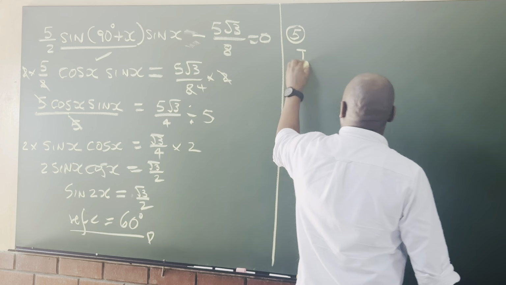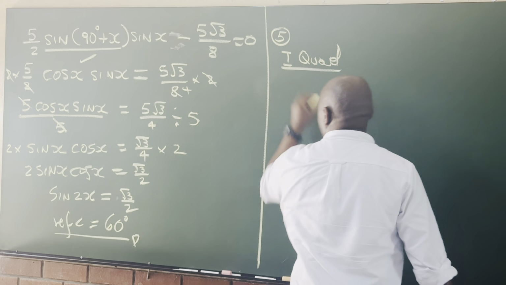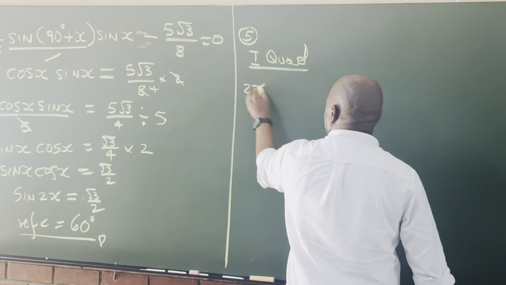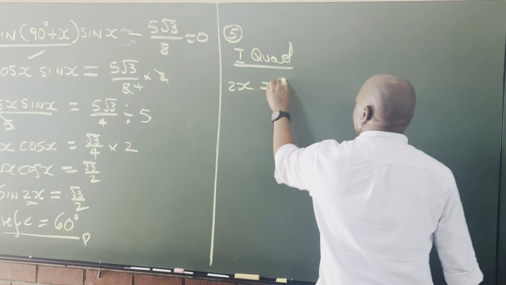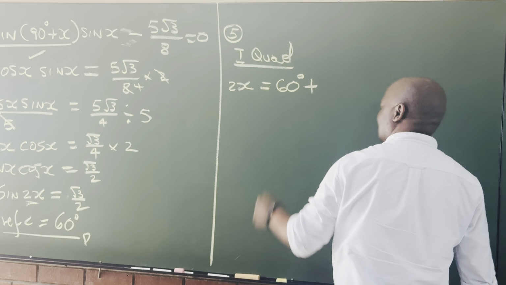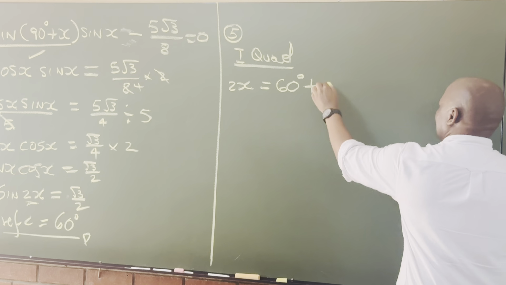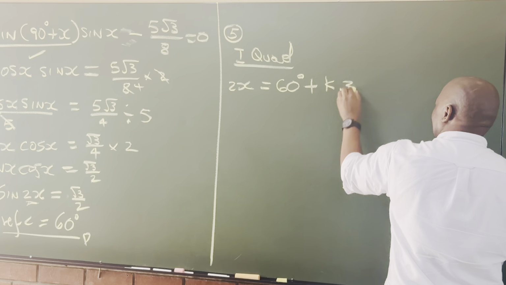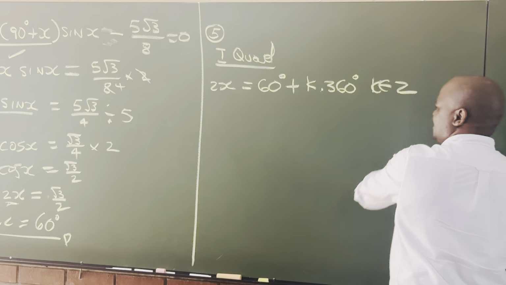So our first solution will be in the first quadrant. So in the first quadrant, we say 2x, which is the angle, equals 60 plus, since we are looking for a general solution, plus k times 360, where k is an element of integers.